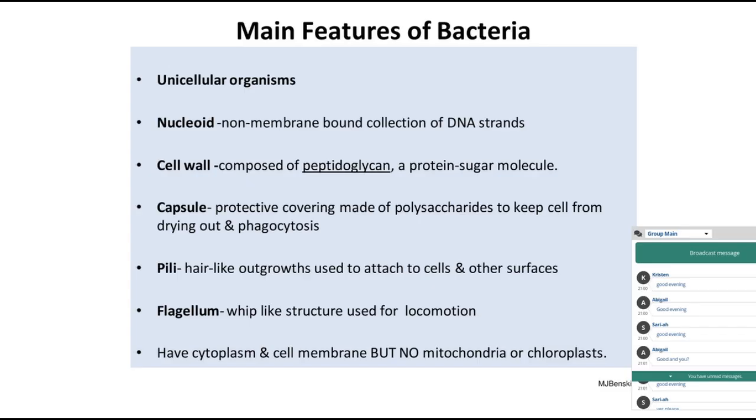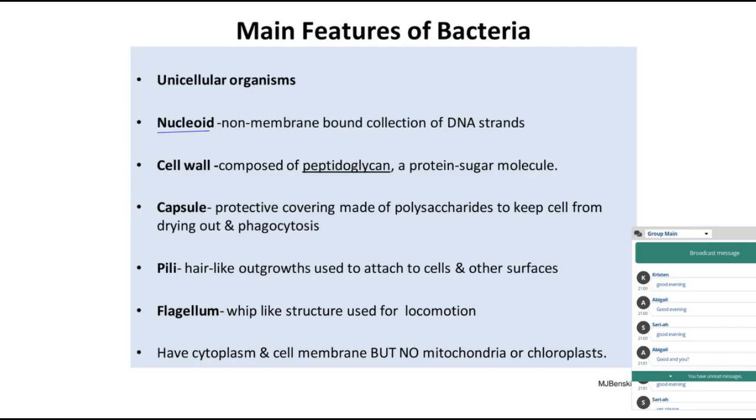So no nucleus, but we have a makeshift nucleoid. They have a cell wall composed of peptidoglycan. They have the capsule for an extra layer of protection, keeping them from drying out and from phagocytosis. The pili, so these are the hair-like outgrowths for attachment to surfaces, and the flagellum for movement, locomotion.